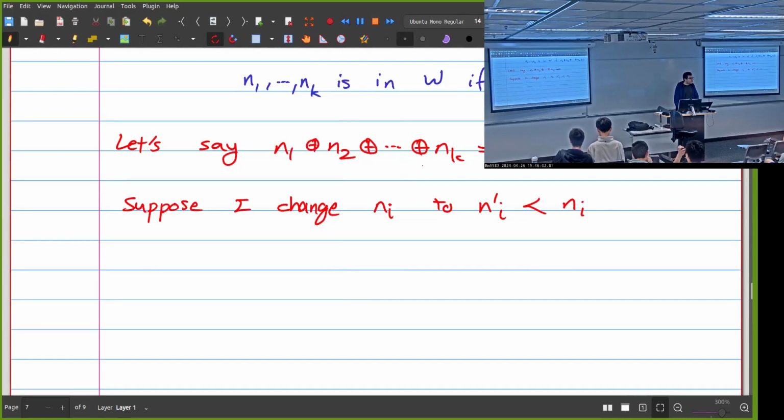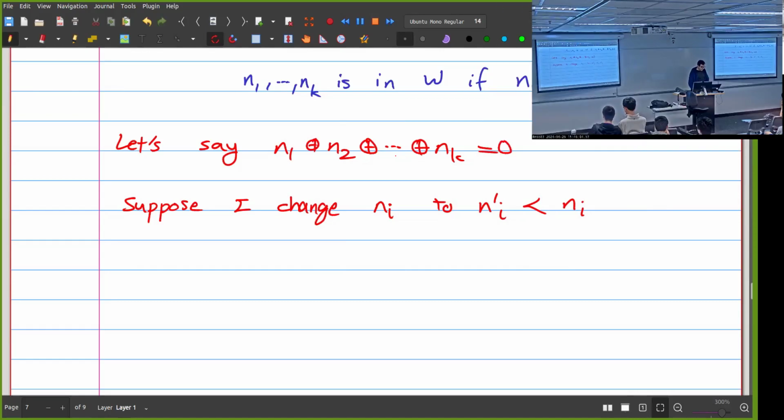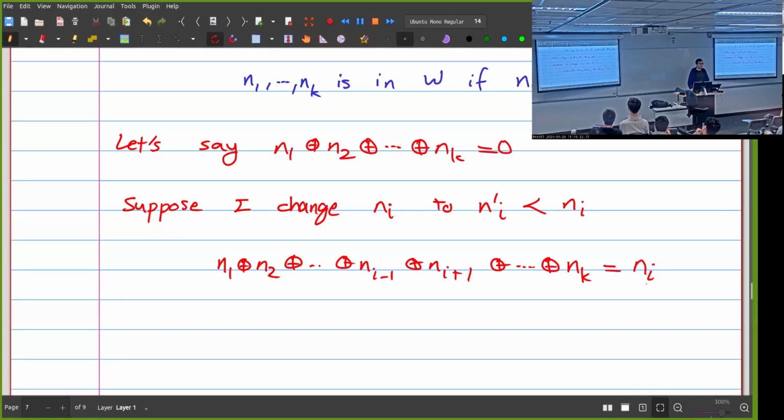So if I take the XOR of all the numbers except for ni, so let's say I look at n1 XOR n2, and so on, XOR ni minus 1, XOR ni plus 1, all the way to my last number, what is this XOR? This XOR is exactly equal to ni, right? This is just rewriting this expression, taking ni from the left side to the right side, and using the property of XOR that anything XORed with itself is 0.